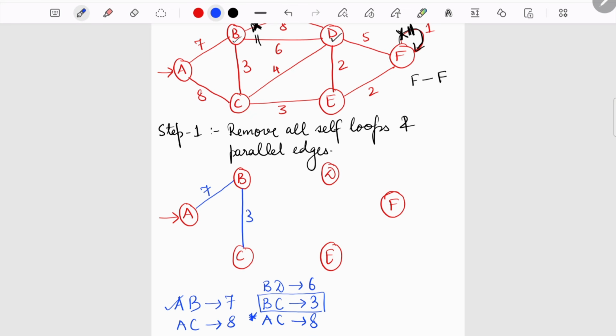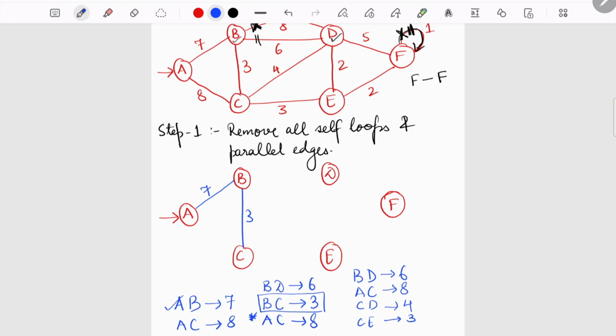Now, after this, what all options do I have to traverse next? You still have the option of BD with edge weight 6, AC with edge weight 8. Then, since you have come to C also, you have the option of CD with edge weight 4 or CE with edge weight 3.